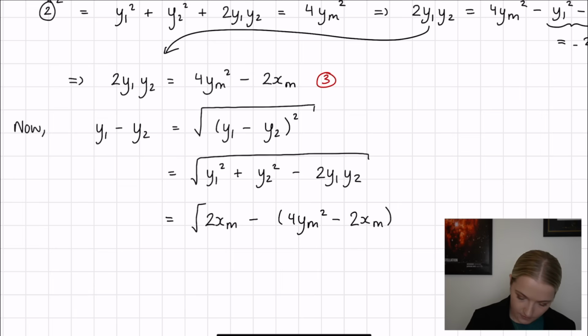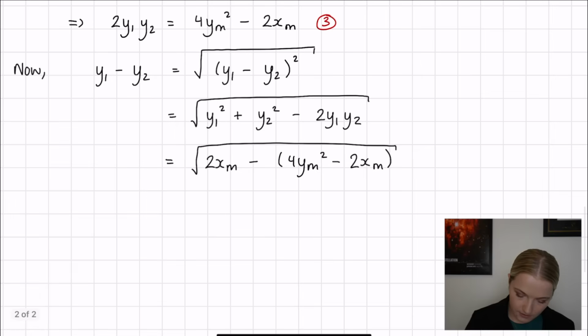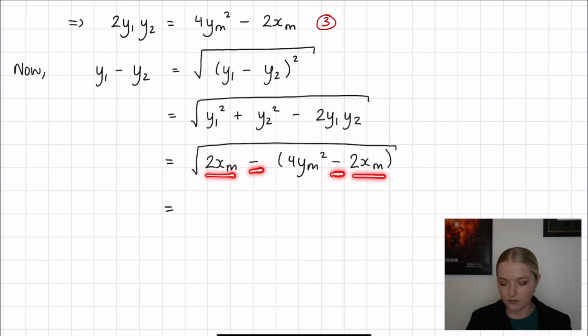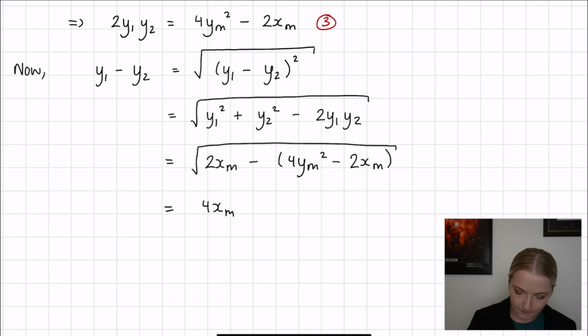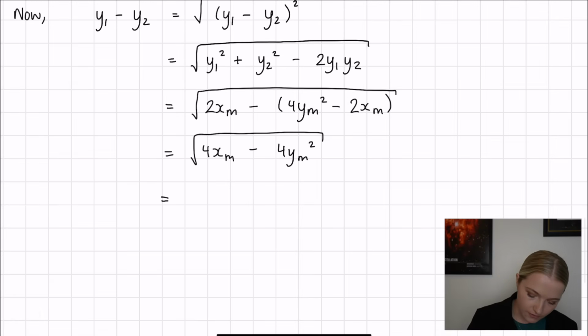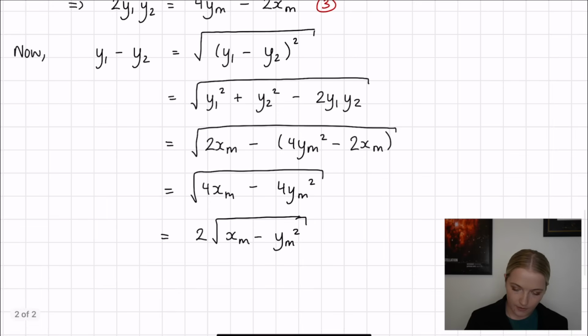This is all going to be square rooted. Now we can simplify this because we have 2xm minus minus, which is a plus 2xm, so this is 4xm minus 4ym squared, all square rooted. And this is none other than, taking the factor of 4 out, 2 square root of xm minus ym squared. Okay, so that's great.